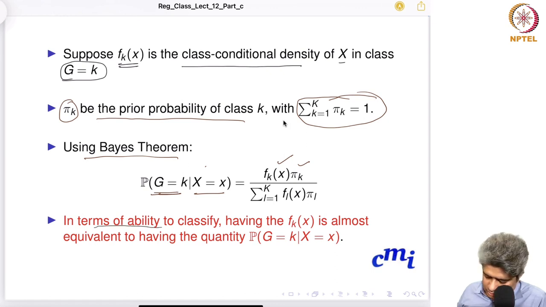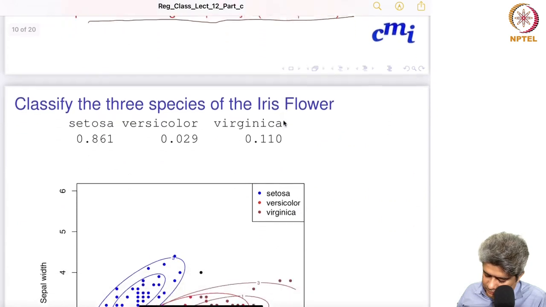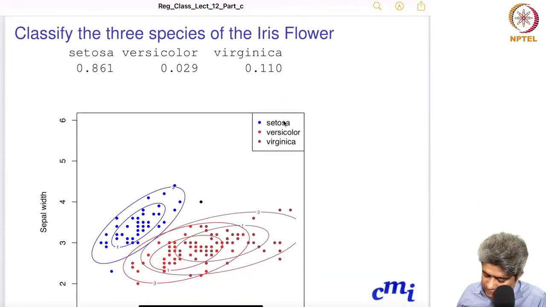In terms of ability to classify, having f_k(x) is almost equivalent to having the quantity probability of G equal to k given X equal to x. So when we classify this point, when we plug it in, what we found is that the class conditional probability, or Bayes probability, is 0.861 for setosa, 0.029 for versicolor, and 0.110 for virginica.